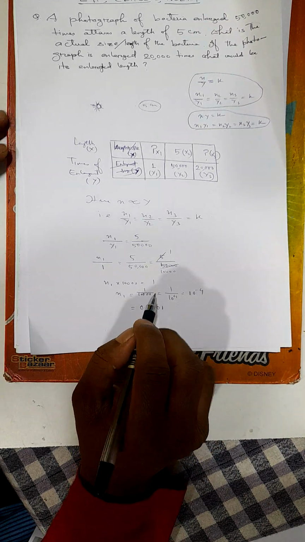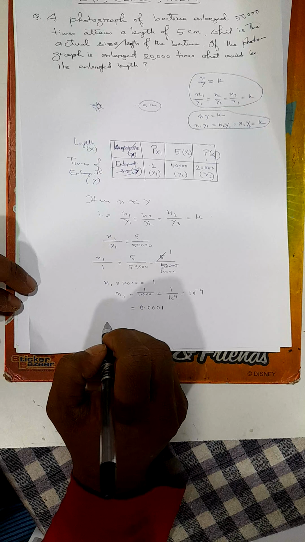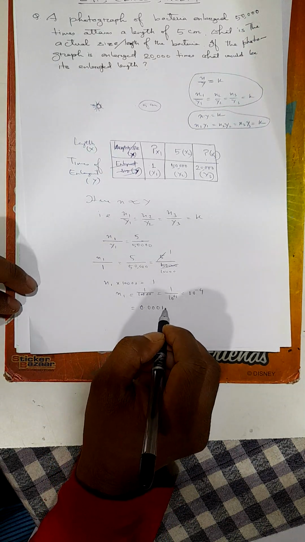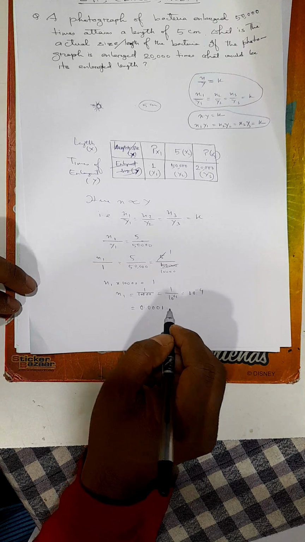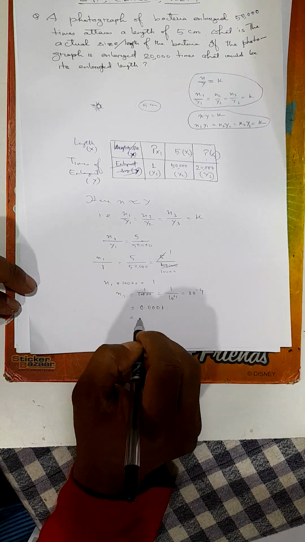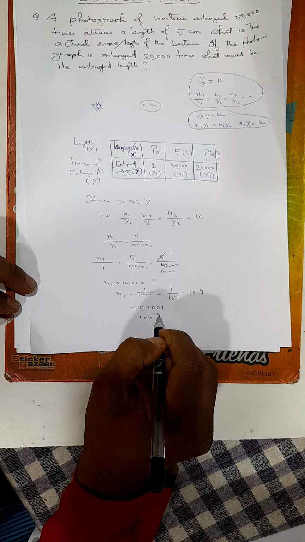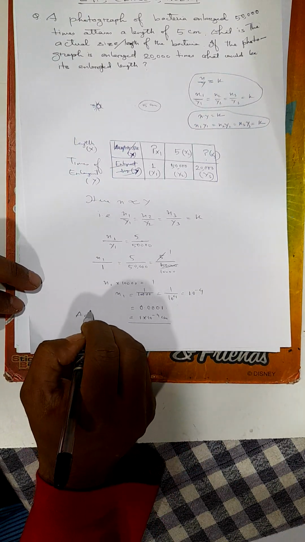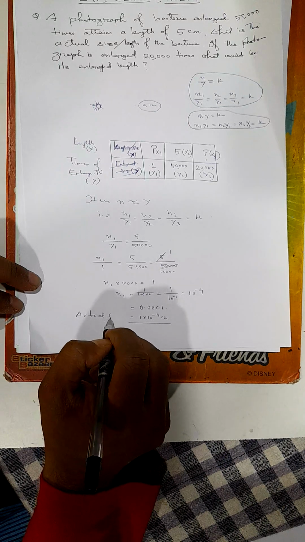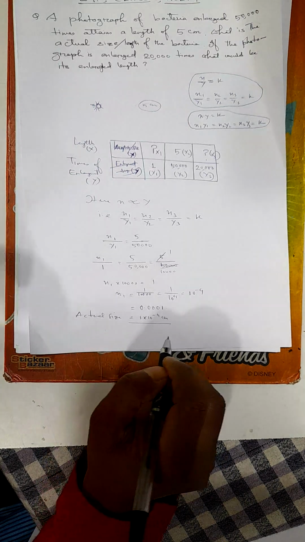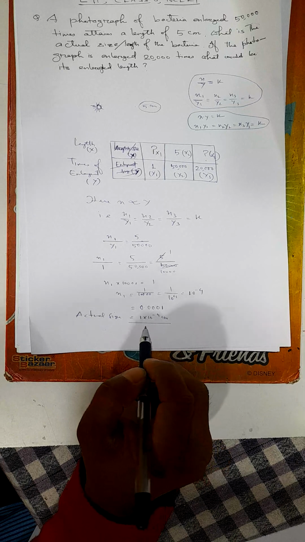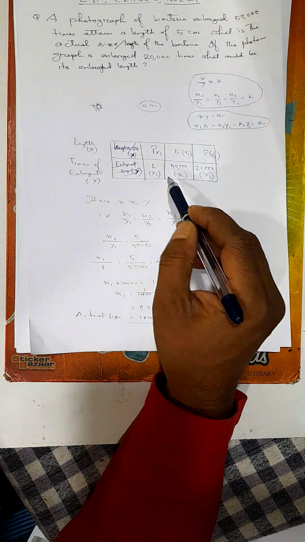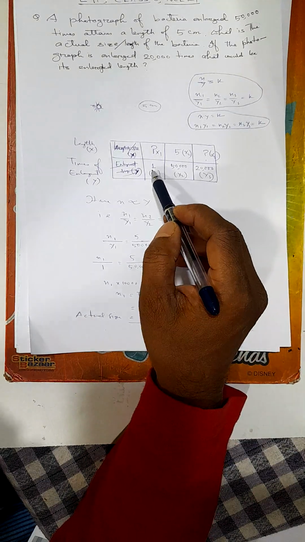So before enlargement, the size of the bacteria was 0.0001 centimeter, or 1 into 10 to the power minus 4 centimeter, the actual size. Why are we writing it as 1?